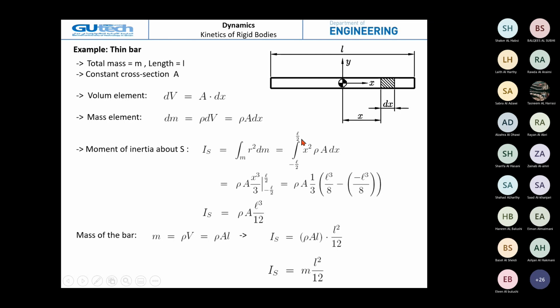That means we integrate from minus L over 2, half of L, to L over 2. When we integrate x squared dx, we get x cubed divided by 3. We replace and get rho A L cubed divided by 12.